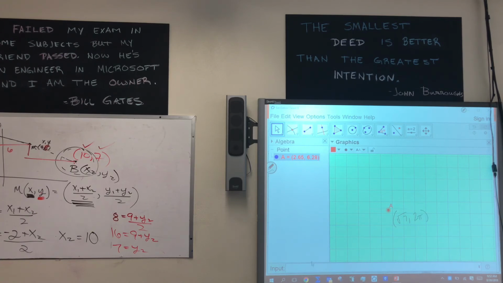Let's say M, my midpoint, is at 2e comma root 13.